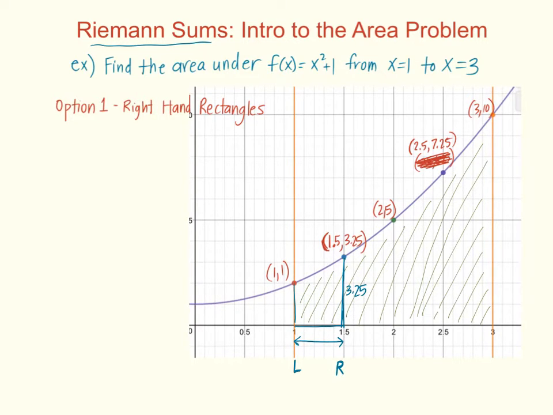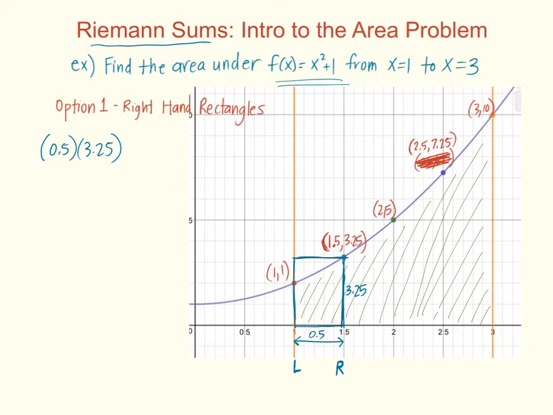I'm going to create a rectangle by going up 3.25 and straight to the left to the other side of the interval, and then straight down. That rectangle that I just drew has dimensions of 0.5 and 3.25. 0.5 is the distance from 1 to 1.5, and 3.25 is the number I get when I sub 1.5 into the equation x squared plus 1.